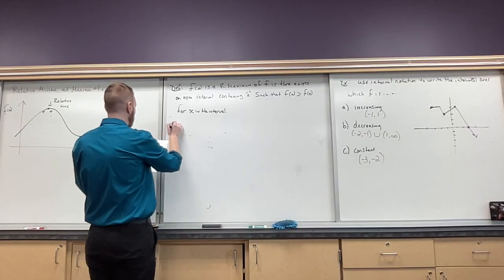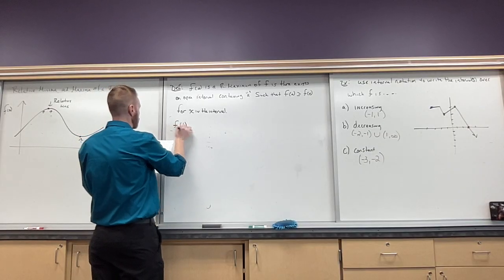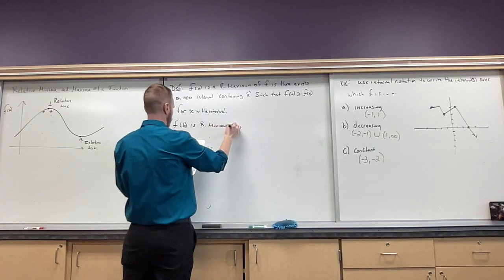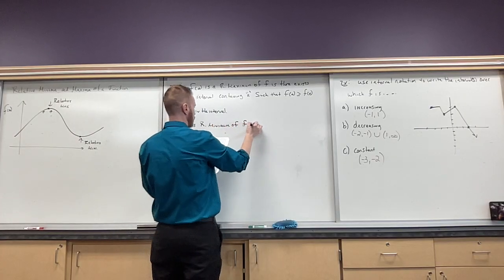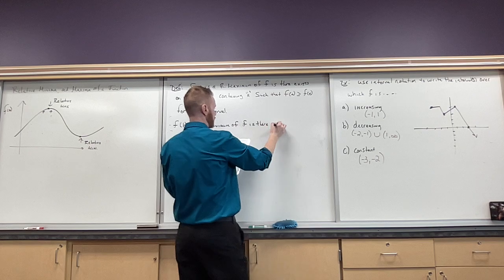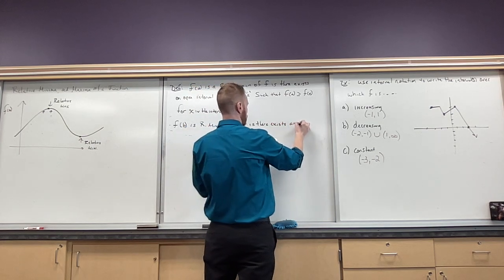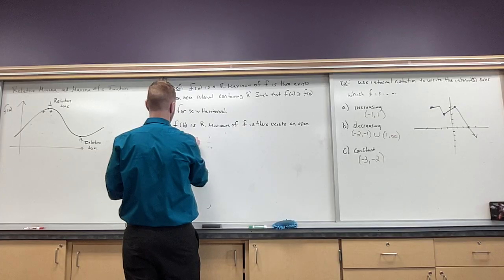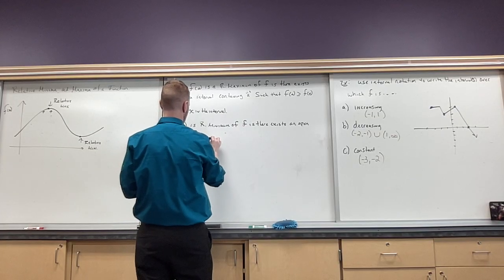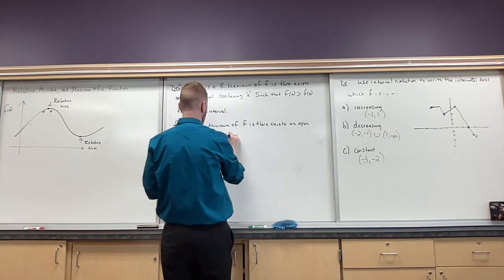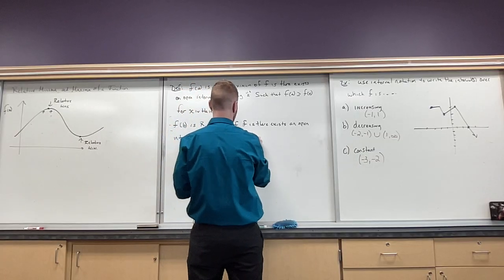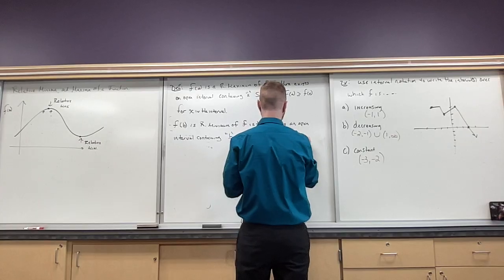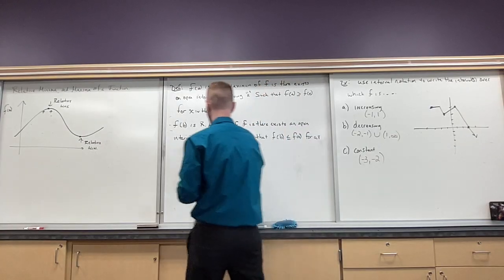And then we're going to define the same thing with minimum. So f of b is a relative minimum of f if there exists an open interval containing b such that f of b is less than or equal to f of x for all x in the interval.